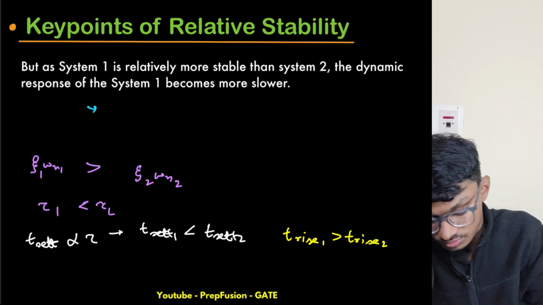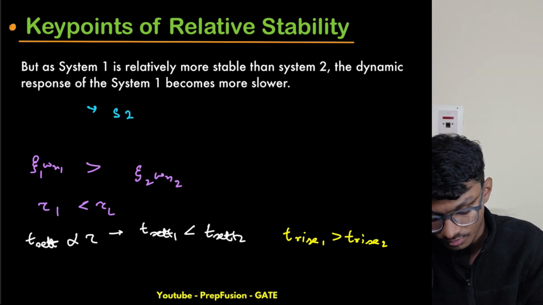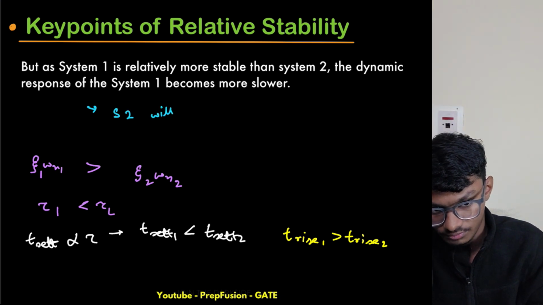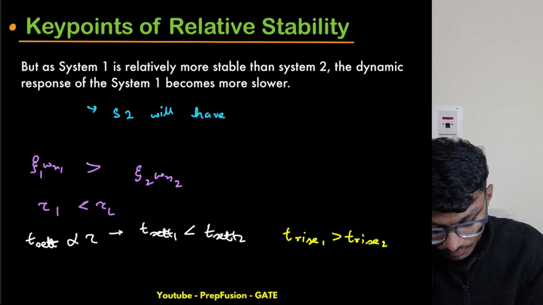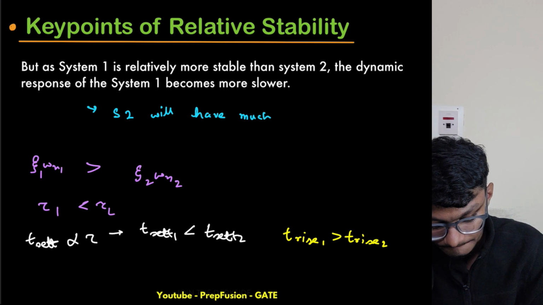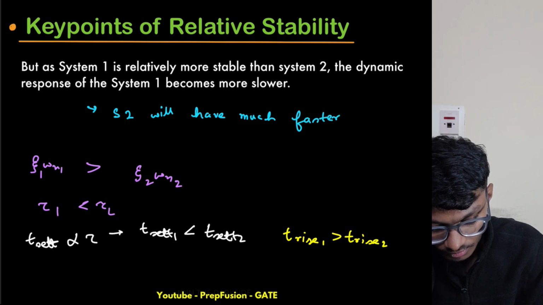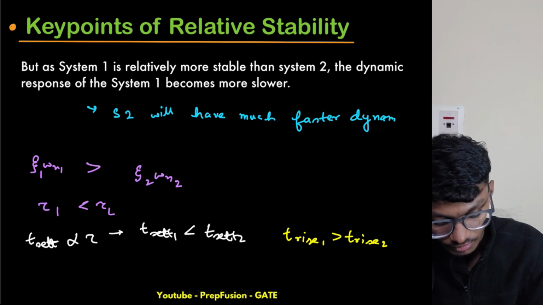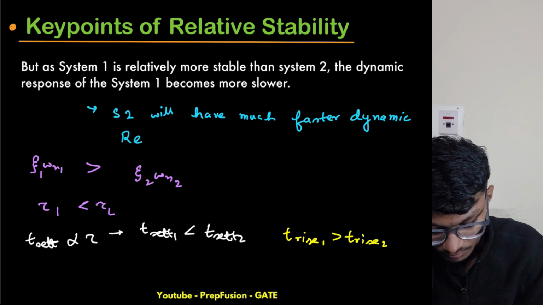Okay, so from here we can understand that system s2 will have much faster dynamic response.